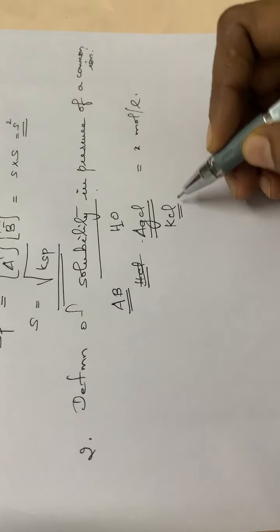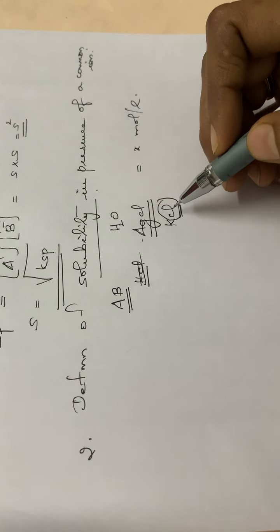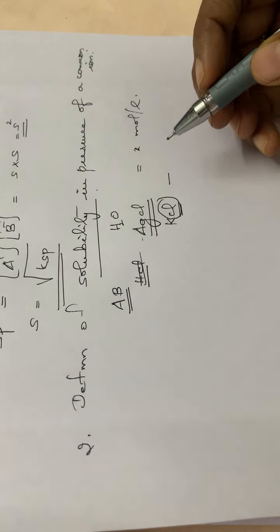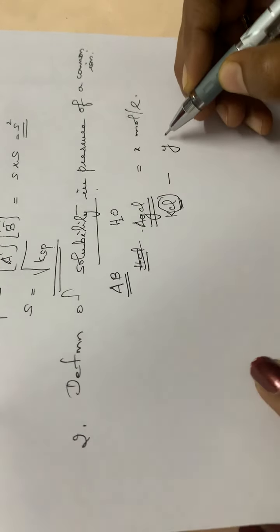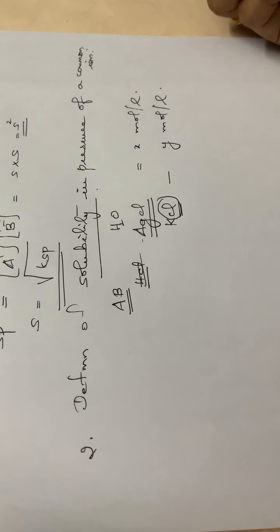Which is the ion in common? Cl minus is the ion in common in both cases, and let the concentration of this Cl minus be Y moles per liter.